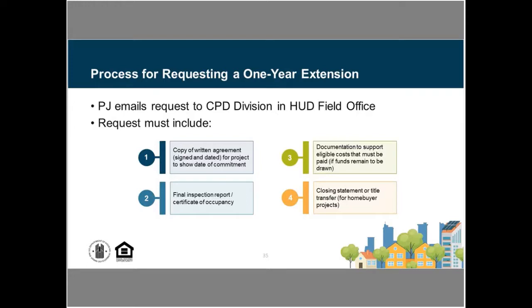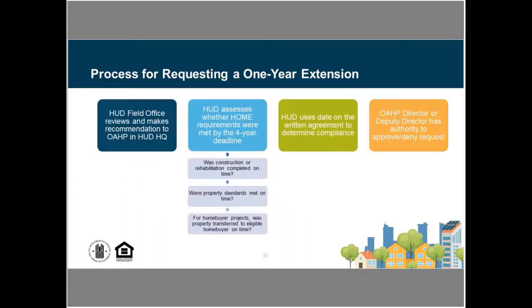And then supporting documentation to show that we actually have eligible project costs that need to be paid. So we've got an invoice from the developer for that project that even though the project has been completed, we just haven't processed and paid that final payment. And that's why we have funds that have not been expended at that point.